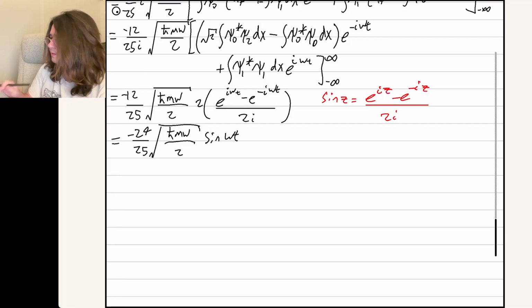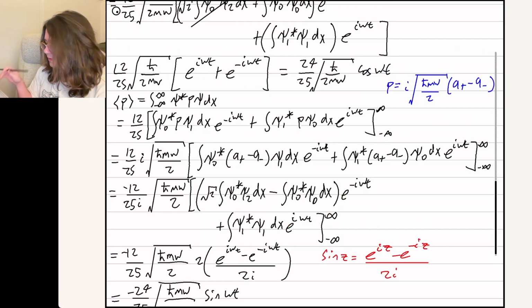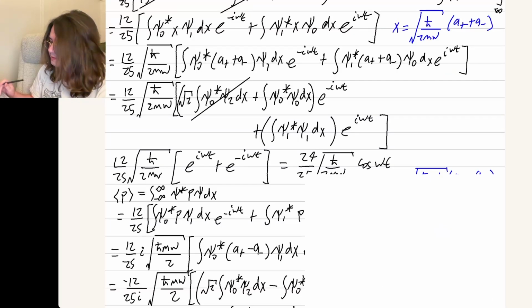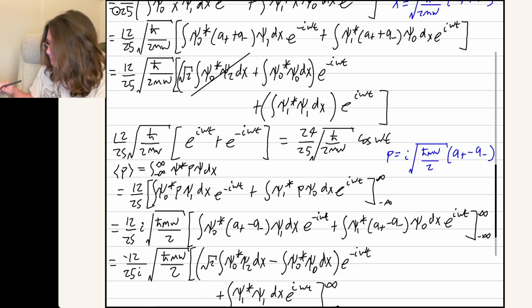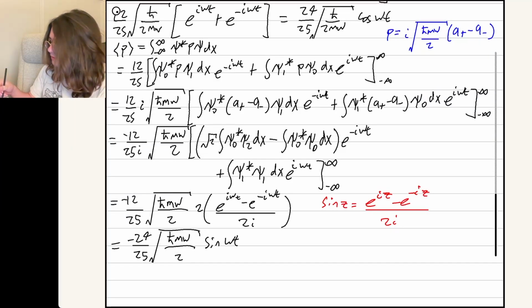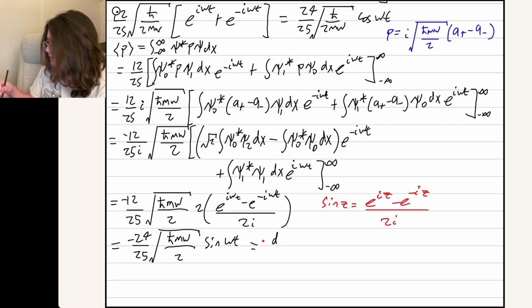If you look back at the expectation value that I got for x, it was proportional to cosine omega t, and this one is proportional to minus sine omega t, and you can check this yourself. I would have gotten the same thing if I had just taken the mass times the time derivative of the expectation value of x, because that's how Ehrenfest's theorem works.